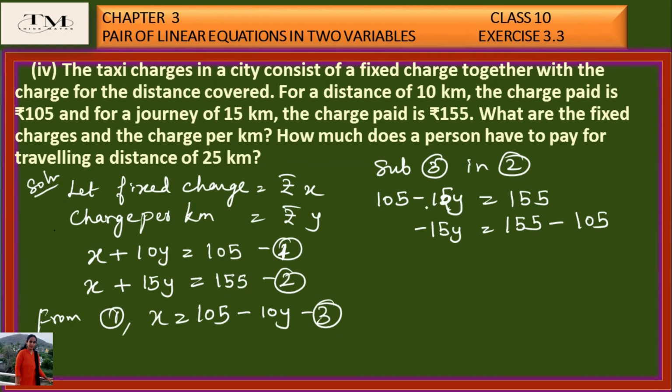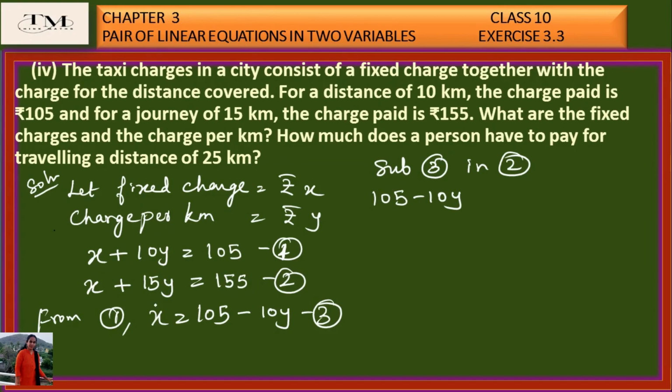So let me check. Just I think we missed something. I'm sorry. Just a minute, I will erase this. So we are going to substitute 3 in 2. So 3 is, instead of X, it is 105 minus 10Y.